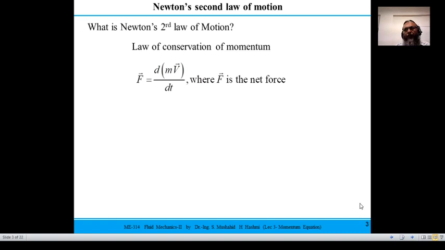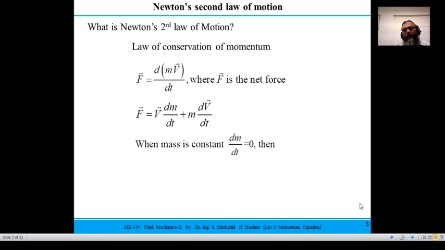Mathematically, we have the mass times velocity product, and we take its derivative with respect to time t. If we apply the product rule, it would be v times dm by dt plus m times dv by dt. For a special case, when the mass is constant, the term dm upon dt would be 0.